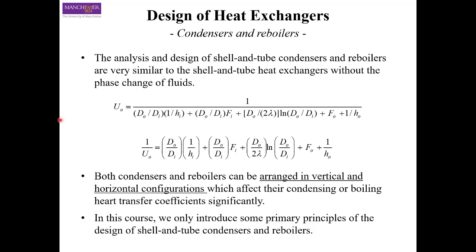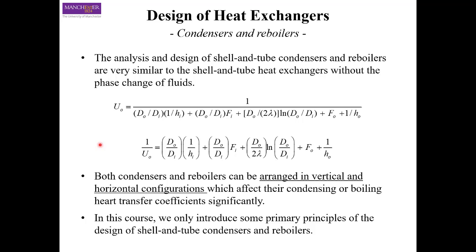If you remember from the previous lecture, we calculated the overall heat transfer coefficient using this long expression, where we are considering the heat resistance due to convection, due to the fouling layer, due to the conduction, due to the external fouling layer, and then due to the convection outside the tube. For the case of condensers and reboilers, we are going to use the same analysis. And as I said, we have to modify this analysis considering there might be a phase change involved.